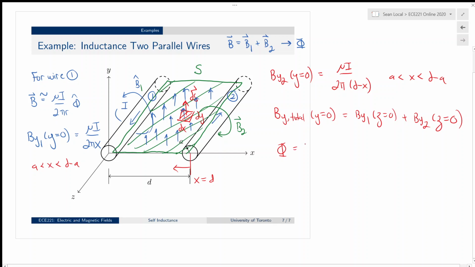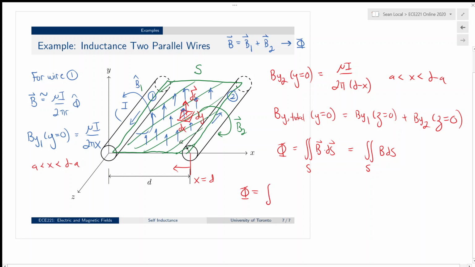So we integrate B dot ds over S, but this is simply B ds over S. Now our B field is a function of x, so we can't pull B outside the integral because B is not uniform, and so we do need to carry out the integration in this case. Let's continue that down here.